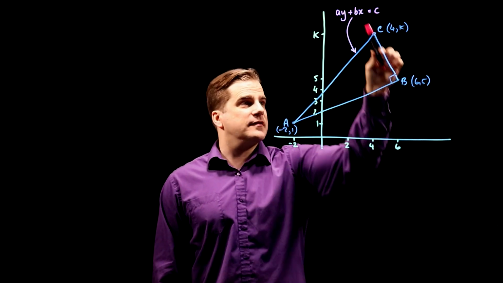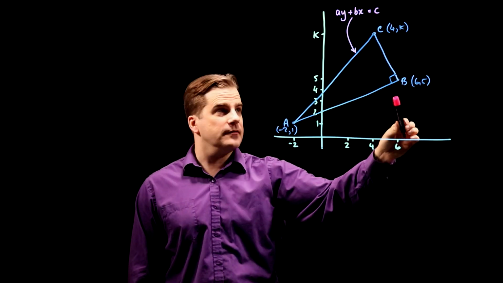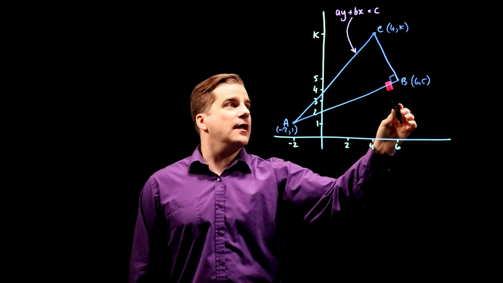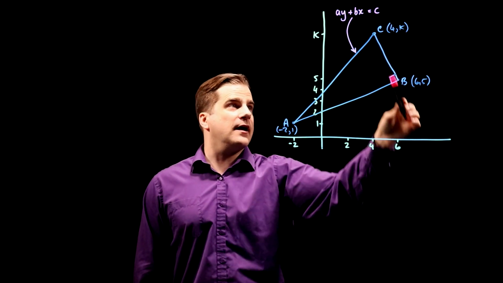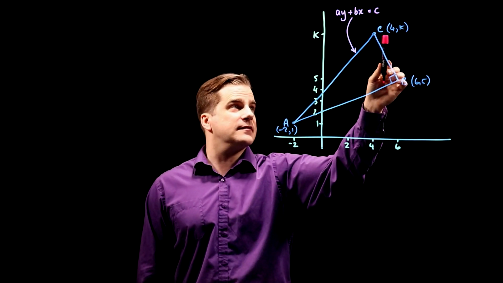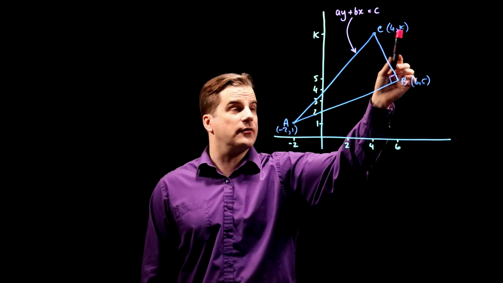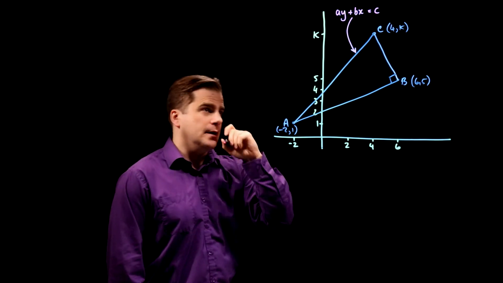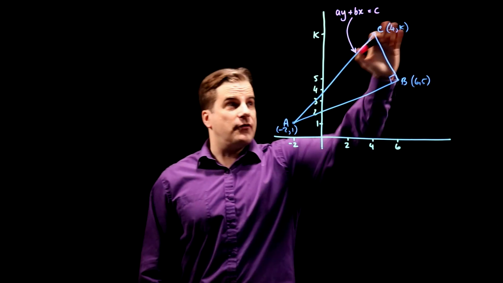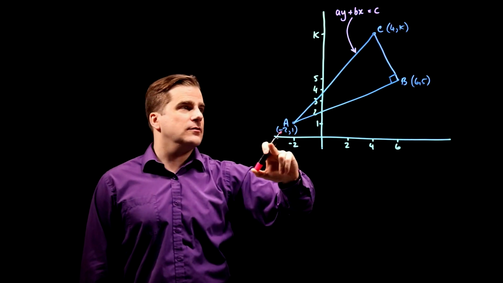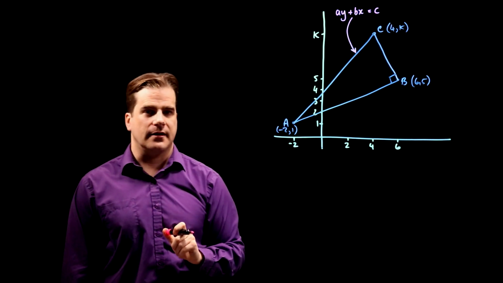And so we can work out the equation of line BC, and then in that equation we just put x equal to 4, and that will spit out the value of y at x equals 4, in other words the value of k. And when we've got k, then we can easily work out the equation of this line.